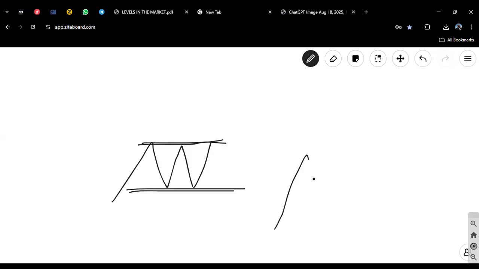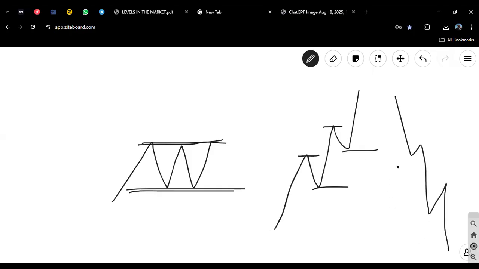So when we have a market like this, below here is what we call support, and above here is what we call resistance, in terms of a bullish market structure. And in terms of a bearish market structure, it is reversed.